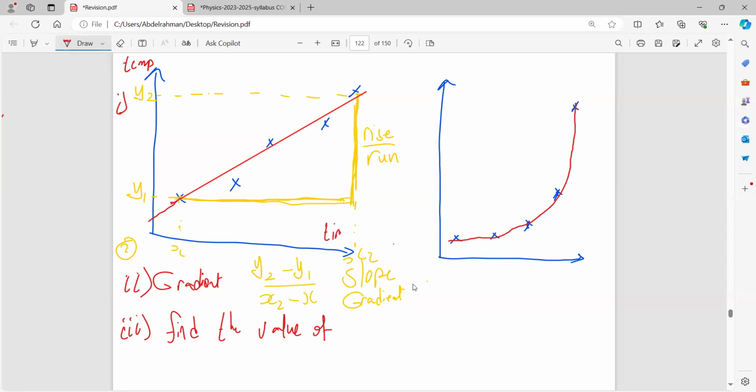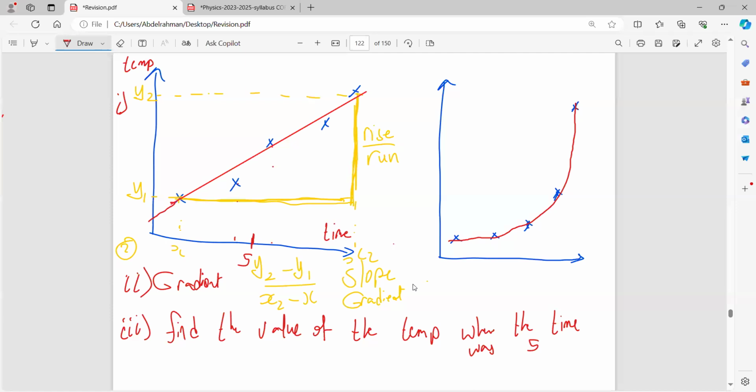Find the value of the temperature when the time was, let's say, 5, whatever. And you don't have one of these points. This point, let's say it's 4, and this point is 6. So 5 would be somewhere in the middle.